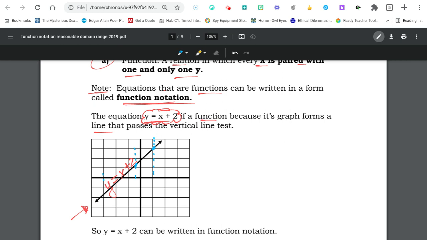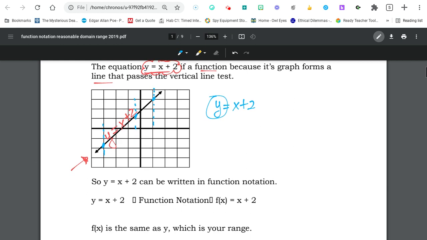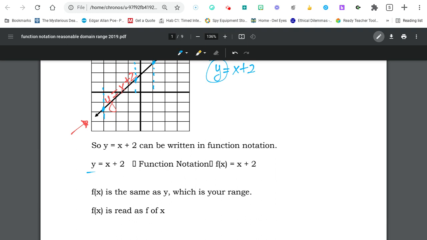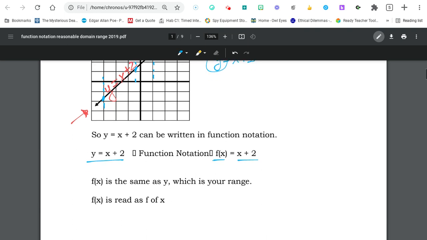Touches the line in one spot. So since the line is a function, the equation itself is a function. So instead of me using a y, I can use f of x because it's a function. So instead of y equals x plus 2, we can write f of x equals x plus 2.